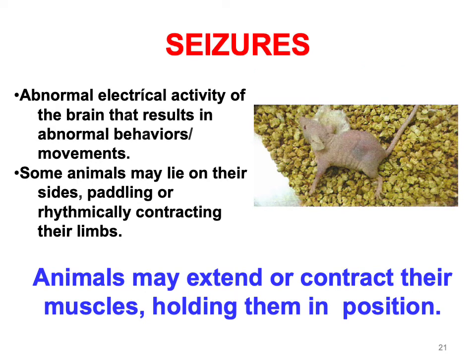Seizures are the opposite of paralysis, meaning an abnormal electrical activity of the brain that results in abnormal behavior and abnormal movements. Some animals may lie on their sides, pedaling or rhythmically contracting their limbs. The animals may extend or contract their muscles, holding them in position.